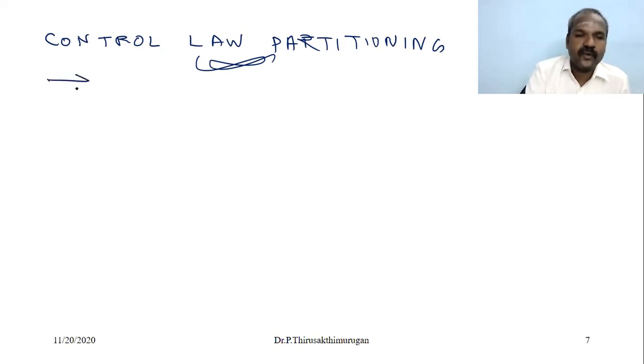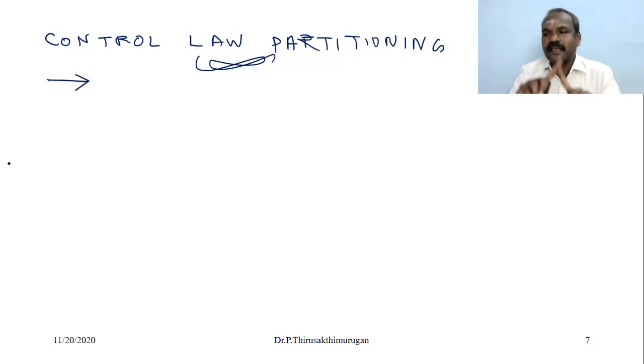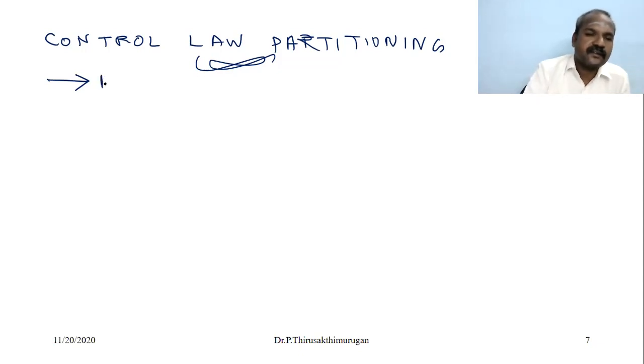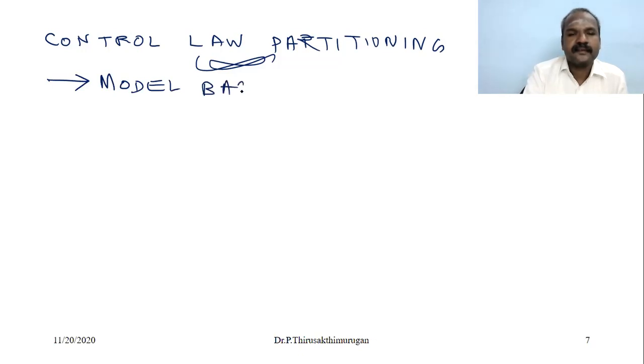Why is it called partitioning? The entire position controller is separated into two parts, two partitions. What are the two partitions? One partition is called the model-based portion.